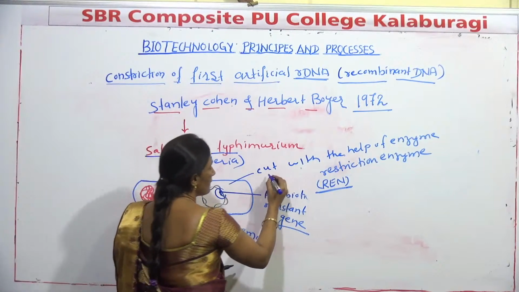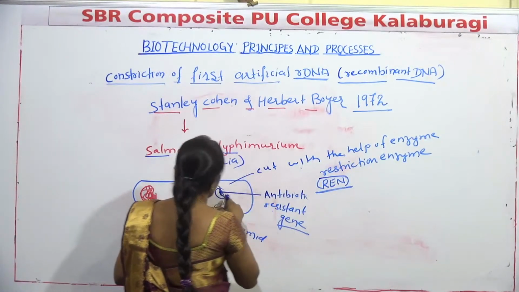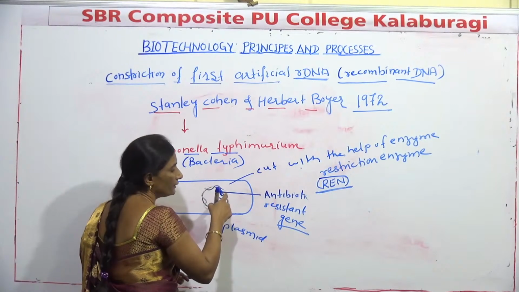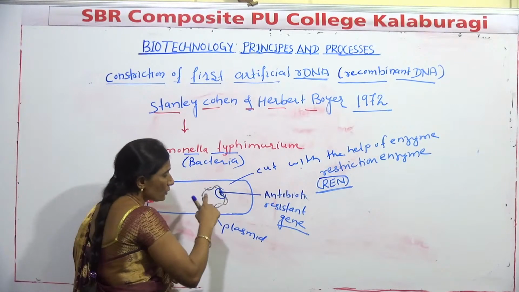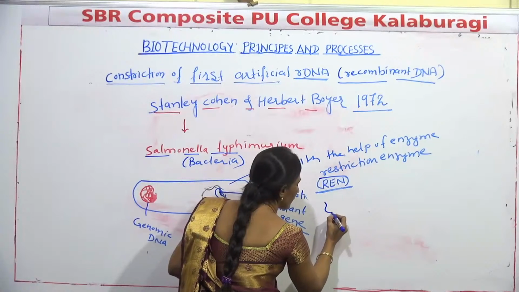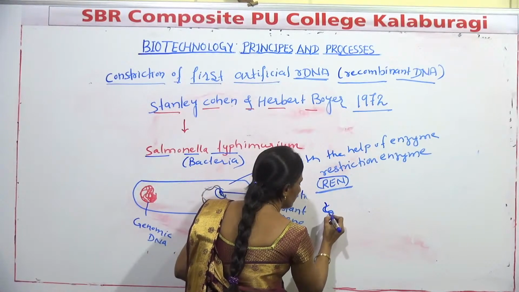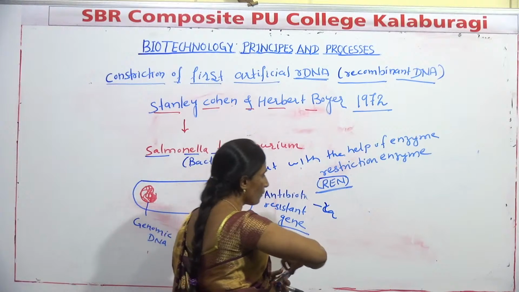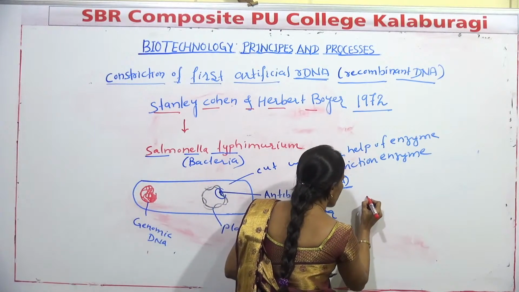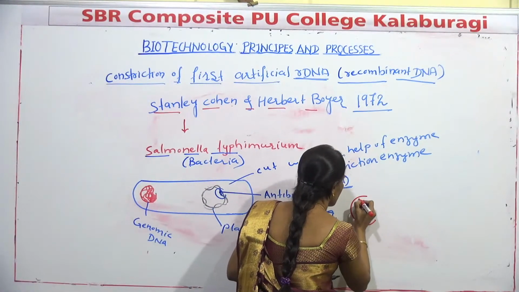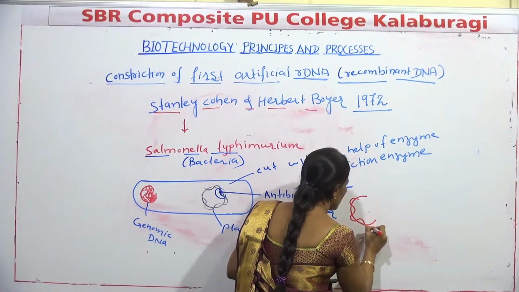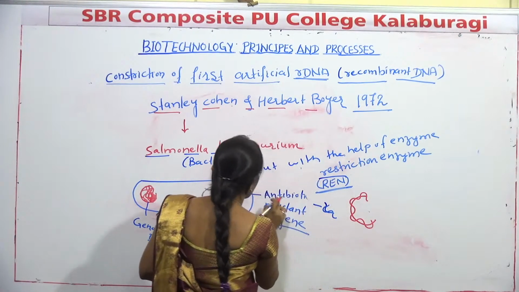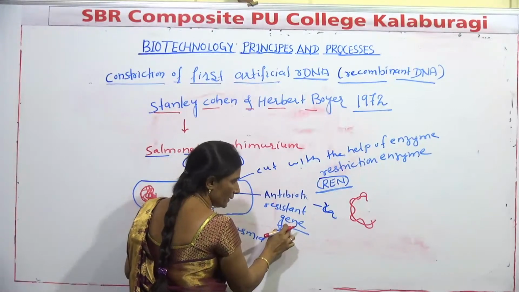So this restriction endonuclease is going to cut this antibiotic resistant gene. This is the antibiotic resistant gene.